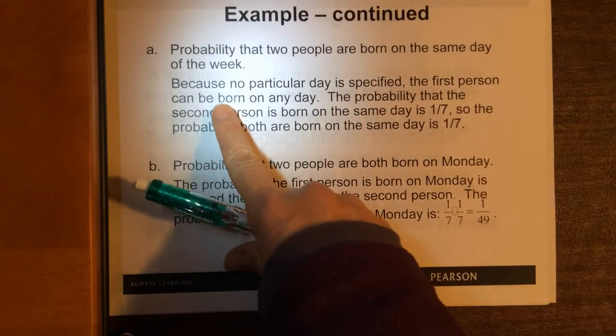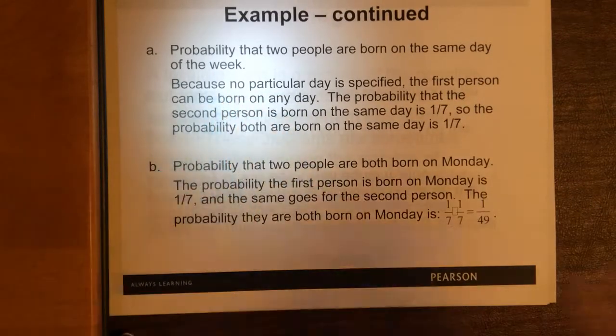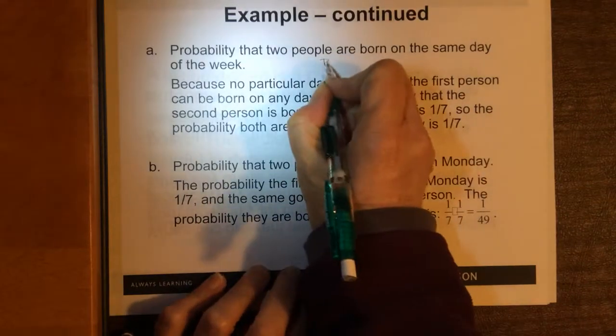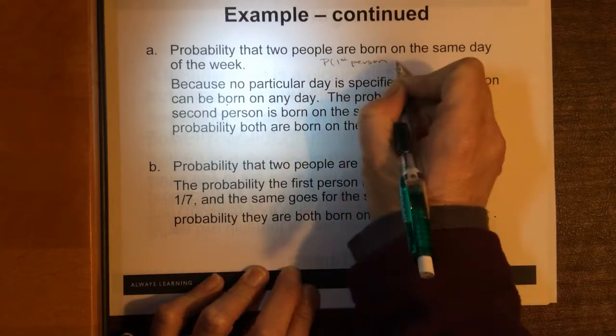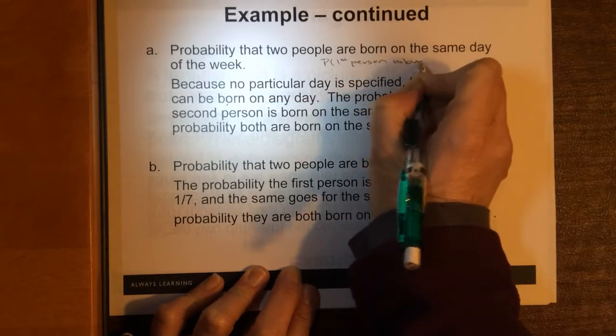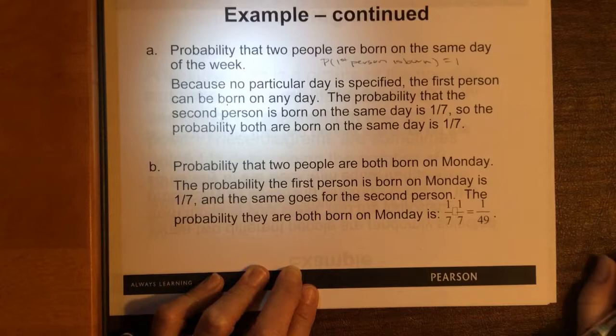So the first person that we think about could be born on any day. And so that means he just has to be born, and that means that the probability that the first person is born is certainty, and we could say that's the number 1.